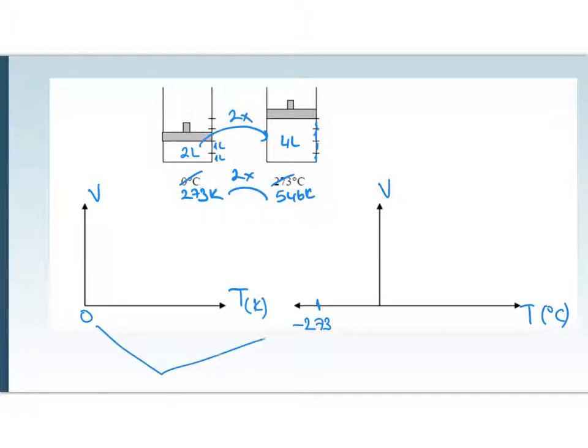So this is known as the absolute 0 point. You're going to make an extrapolation like this and when you have the Celsius, it will start from minus 273, and it's going to be like this. So this means that the temperature and the volume have a direct ratio.